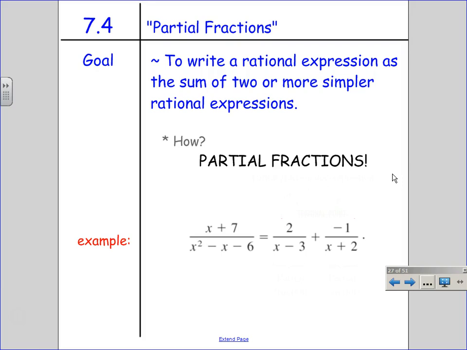Section 7.4, partial fractions. It is going to seem a little weird showing up right now. But it's going to be kind of a nice break, I think, for some of us.